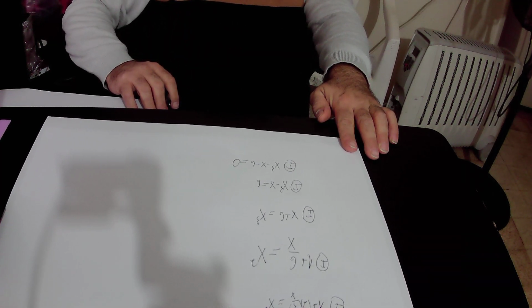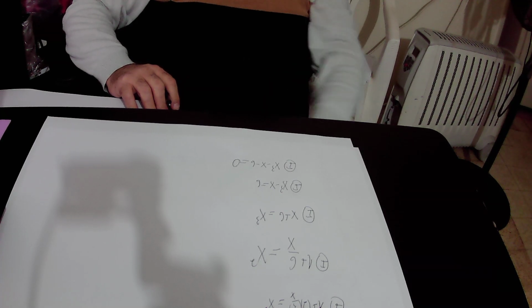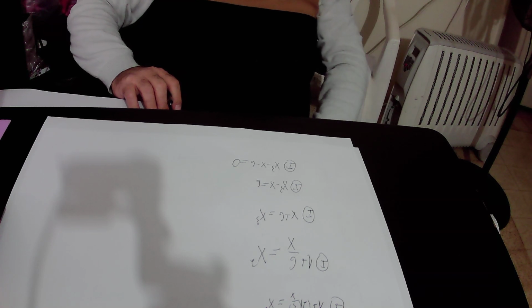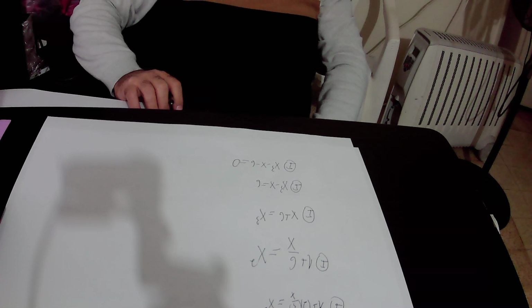So here we will add to equation number 1 2X squared, and then we will subtract 2X squared. Minus 2X squared plus 2X squared equals 0. So we add 0 to equation number 1, that is allowable.